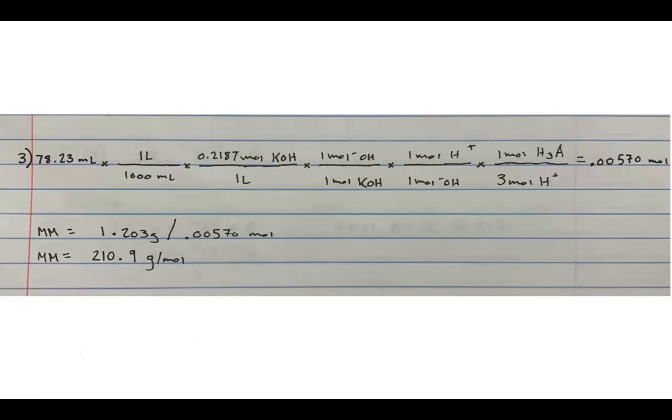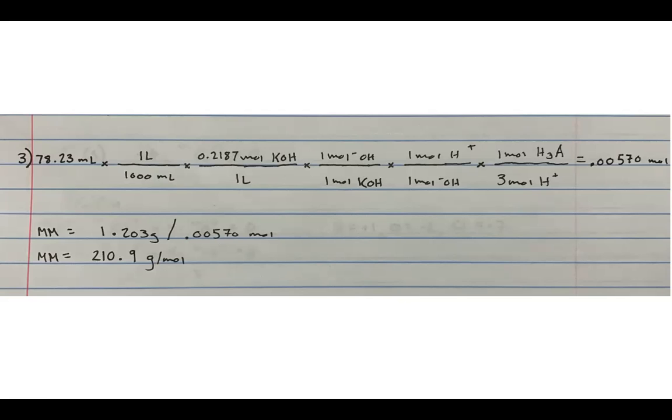Okay, so again, we're given both the volume and molarity of KOH, and so we're going to start with that. Typically you start with the volume. So if we have 78.23 milliliters of KOH, I'm going to convert this to just liters, right? So 1 liter is 1,000 milliliters. And from converting it to liters, we can use our molarity to convert to moles, right?